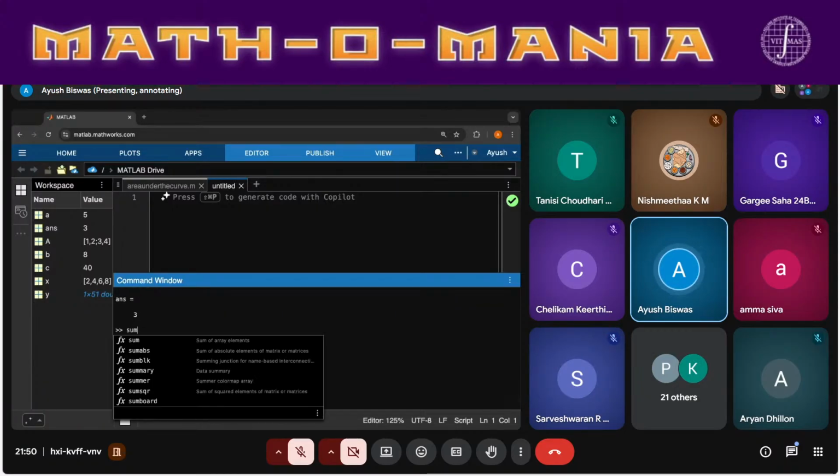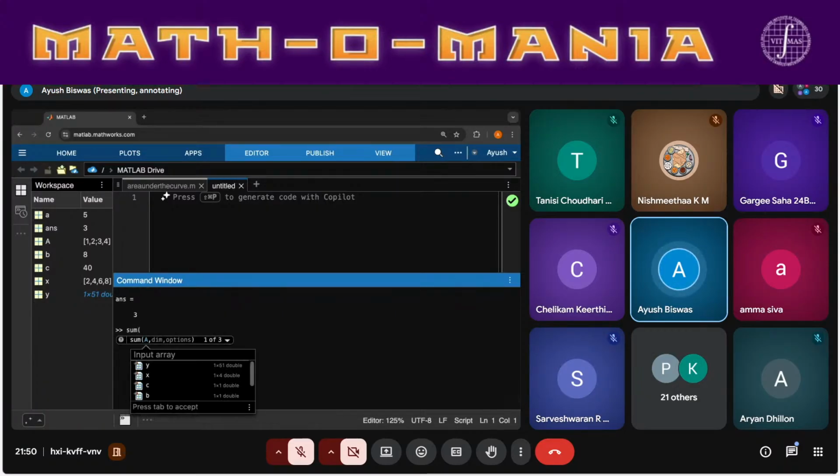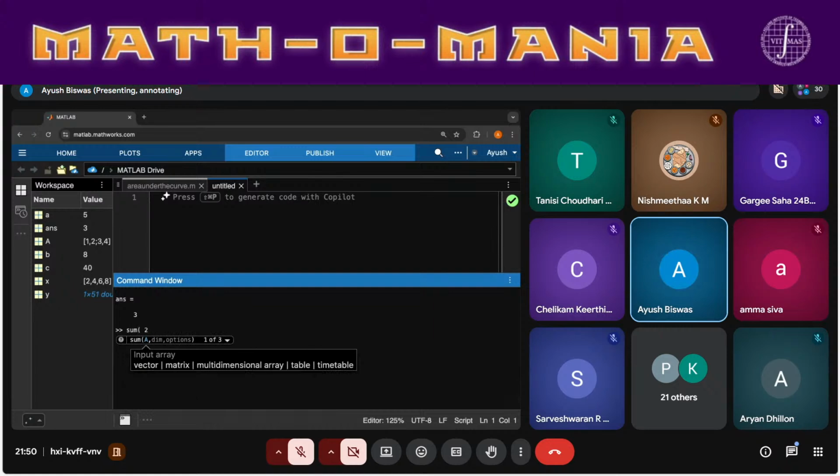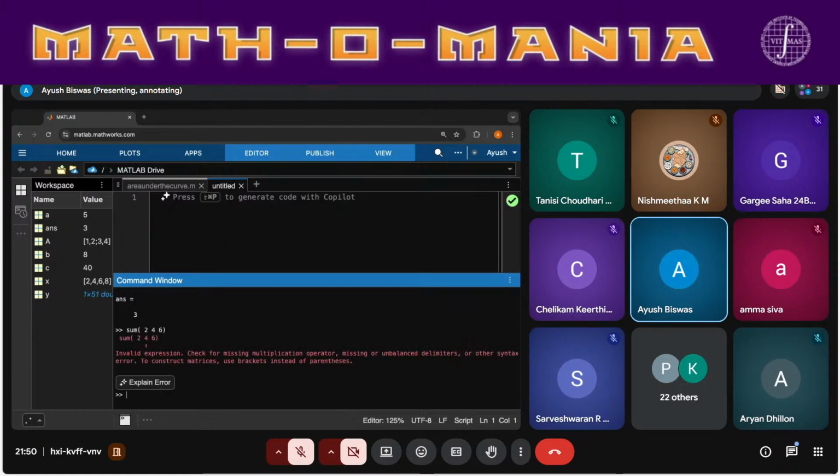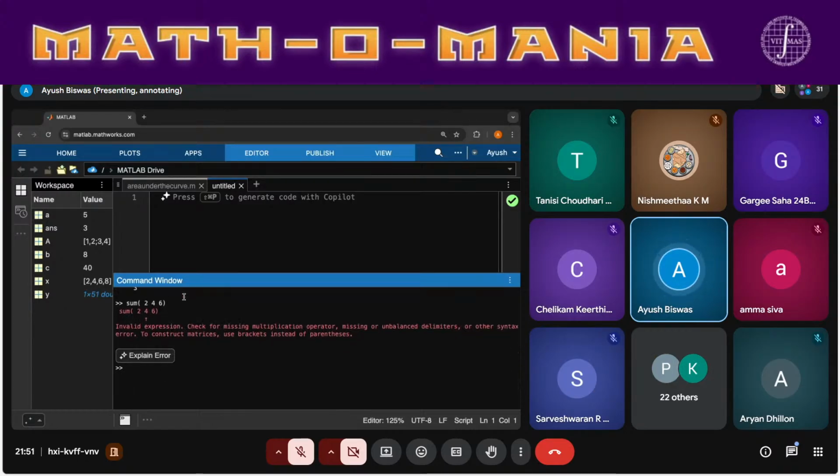Now let's say I want the sum of 2, 4, 6. As you can see, just entering the elements like that into sum does not work. For sum, we need to enter a vector.